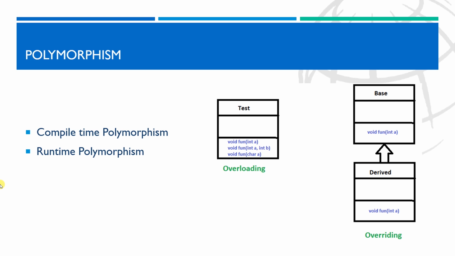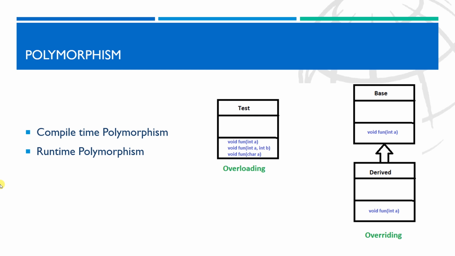And runtime polymorphism is also known as dynamic method dispatch. It is a process in which a function call to the overridden method is resolved at runtime. This type of polymorphism is achieved by method overriding.